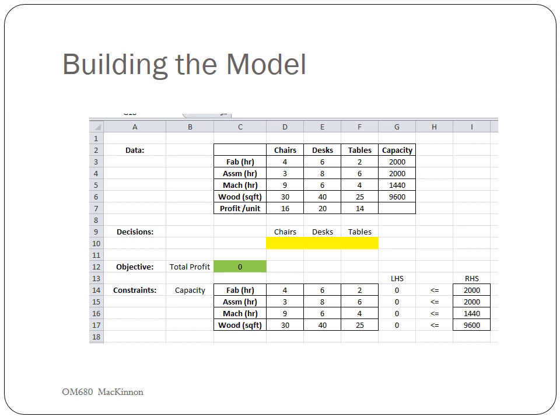Okay, so let's start building the model. Now, this is the same screen that I showed you a few slides back. Notice also that the way we've laid this out, we have the data, decisions, objective, and the constraints. Notice also that we've lined things up.